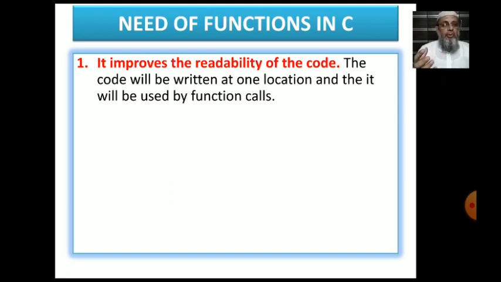If we are not using functions, the code will be written at different locations, and readability will not be very good. With numerous locations, the same operations are repeated every time the thing is needed. But here it's written once, and it will be called by using a function call whenever it's needed.